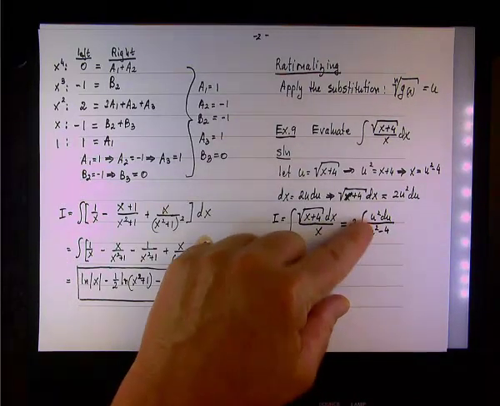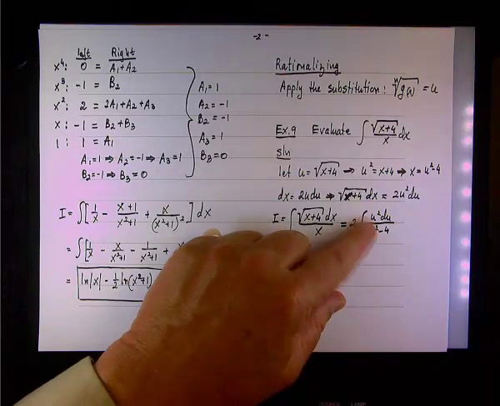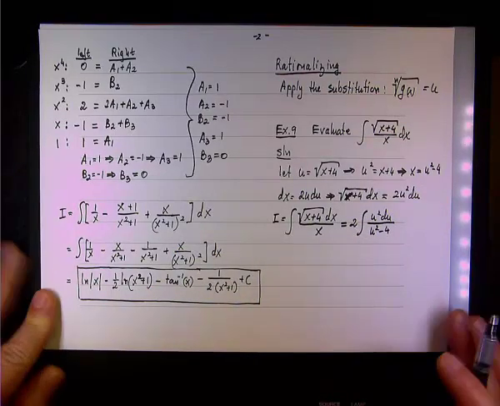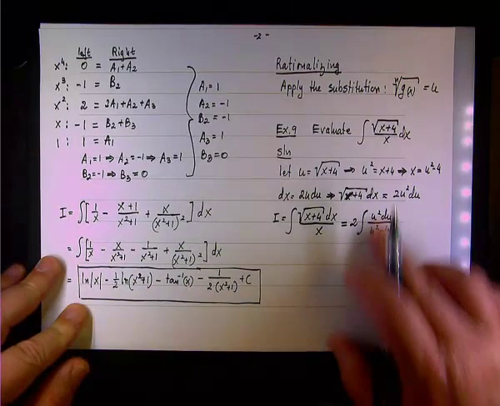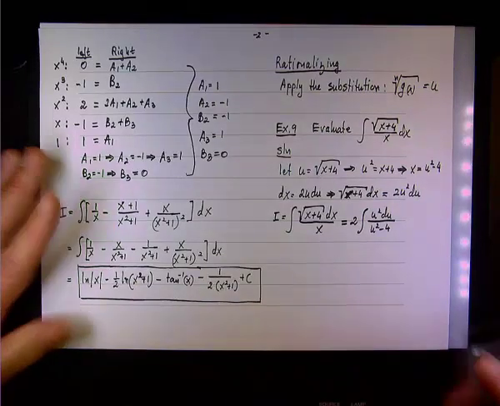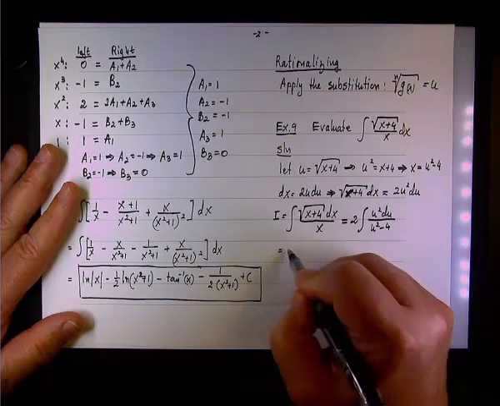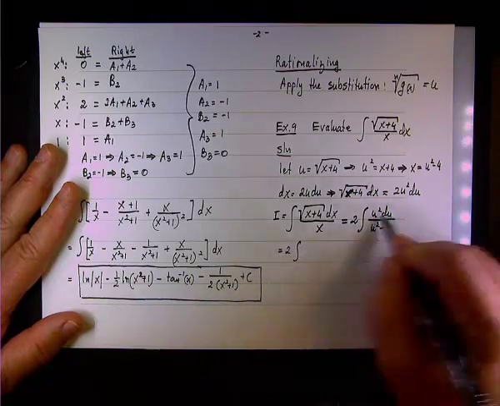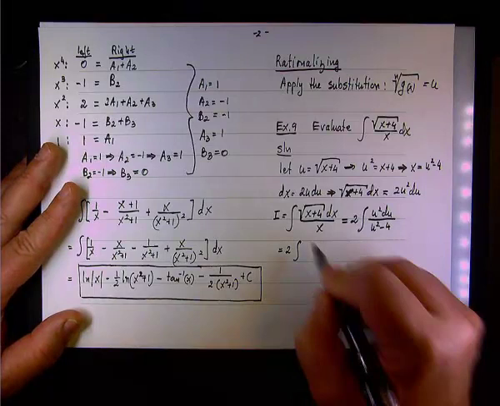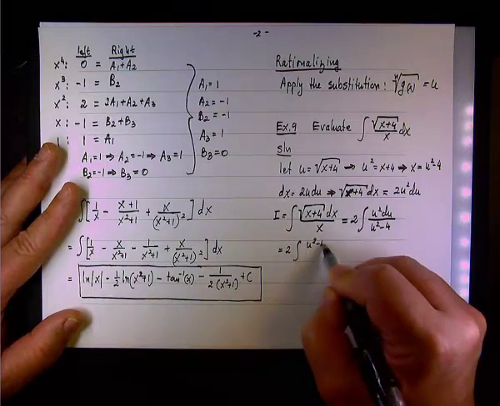And here, if you remember the very first example, in this case the degree of the numerator is not less than the degree of the denominator. So we need to perform long division or synthetic division. But if the degree of numerator and denominator is the same, you don't have to do it. You can perform the following trick: you add and subtract 4.